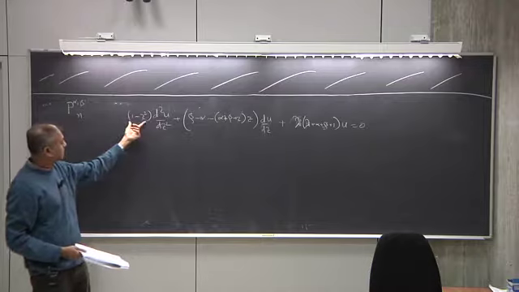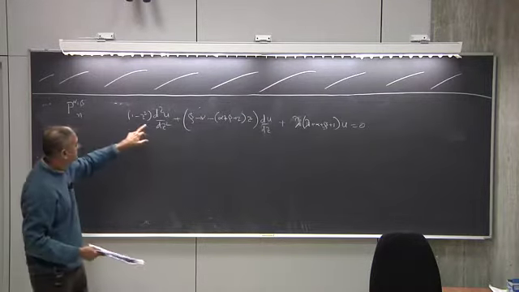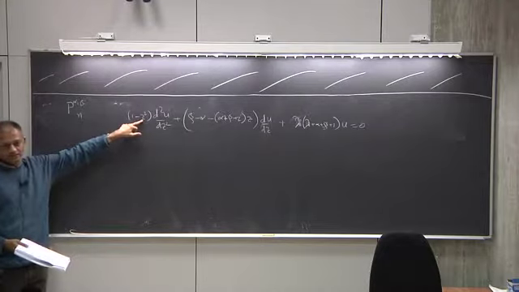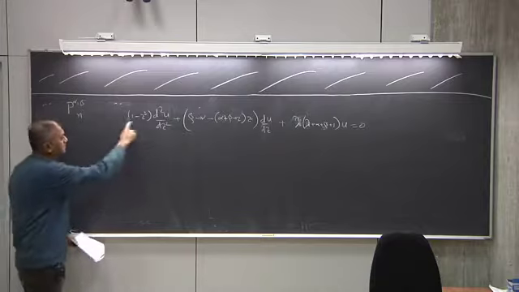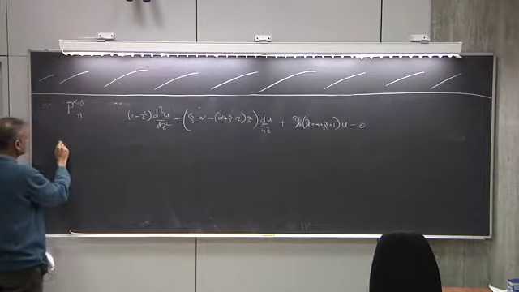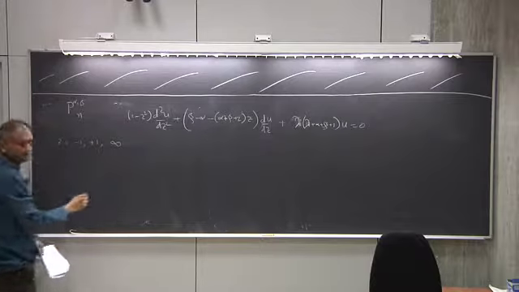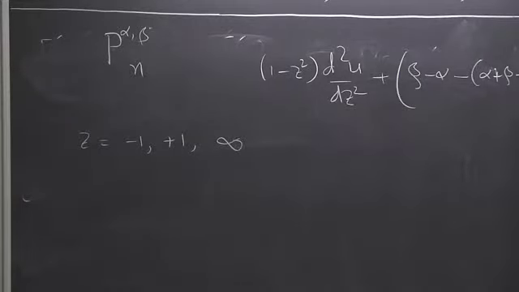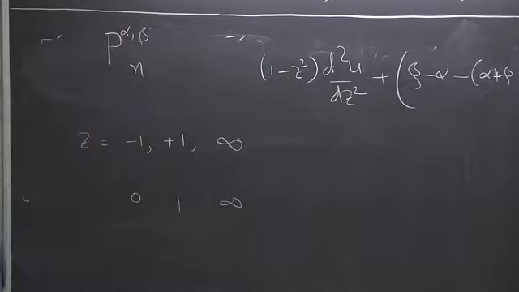So if you look at the singularities, when you divide by 1 minus z squared, the singularities are at z equal to plus 1 and minus 1, and of course z equal to infinity. Whereas in the standard hypergeometric equation that we wrote down, we chose the singularities at 0, 1, and infinity, right?